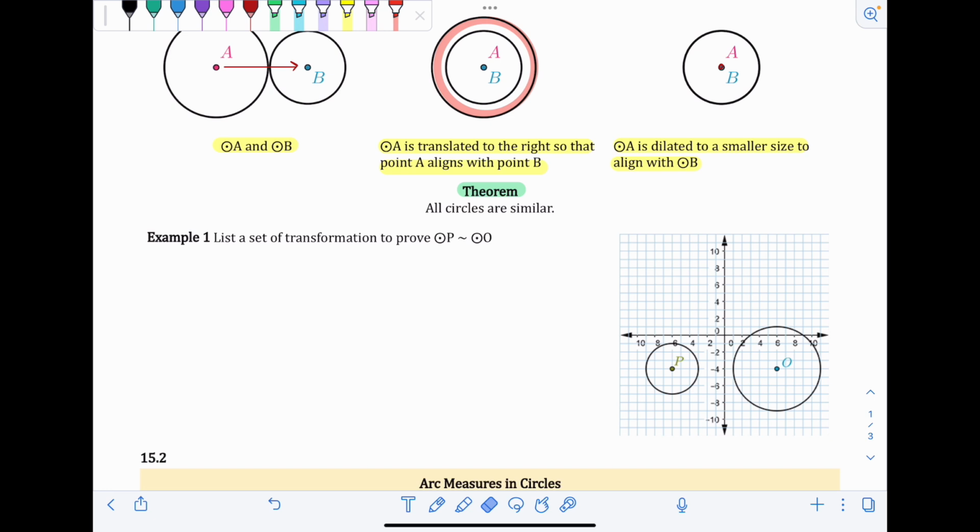Okay, so for example 1, list a set of transformations to prove that circle P is similar to circle O. Just a quick little reminder, that little squiggly up there means similar. So circle P is similar to circle O is how that's read, and then in order to show that they're similar, we need to get circle P to align perfectly with circle O to show that they're the same shape, and we would do so with those transformations listed above.